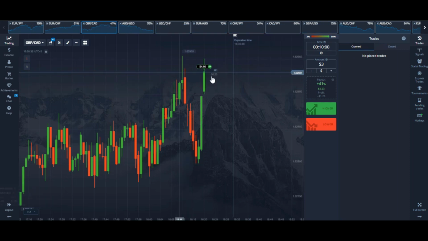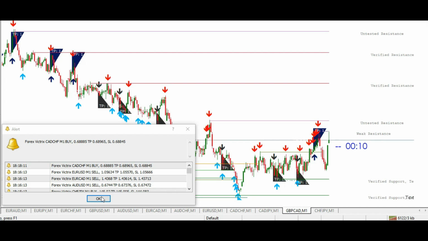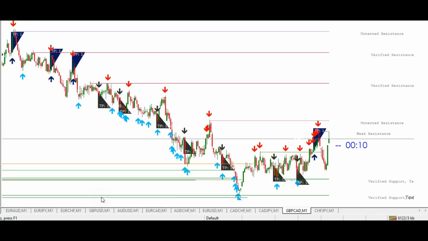Guys, here is the money, this trade is in our favor. So let's find today's last trade, or last signal. Waiting for a last signal.